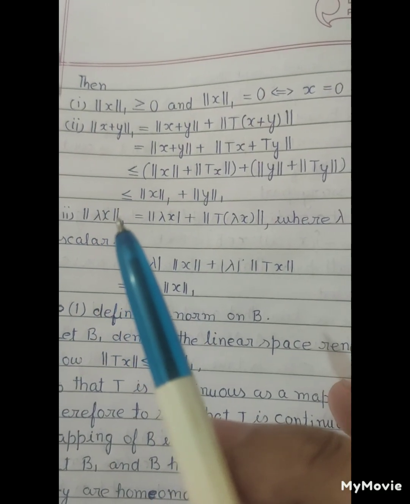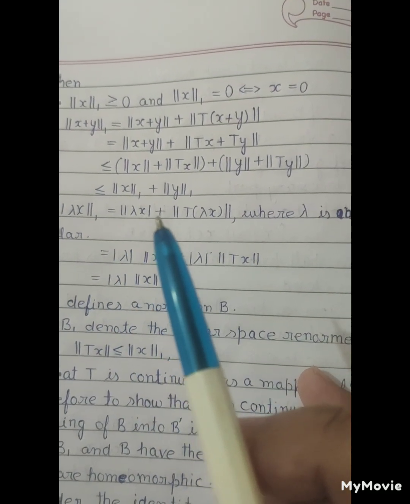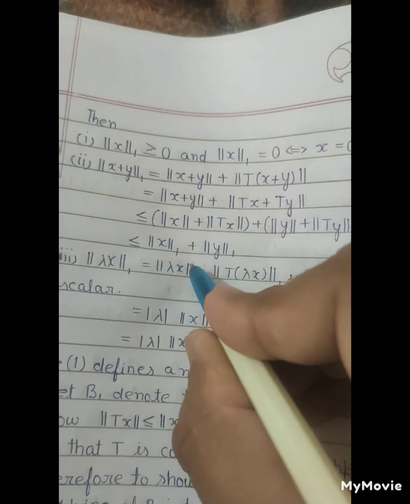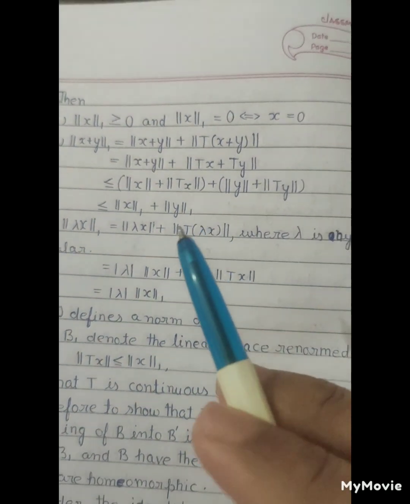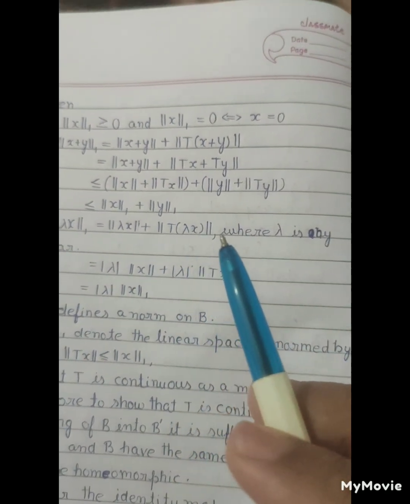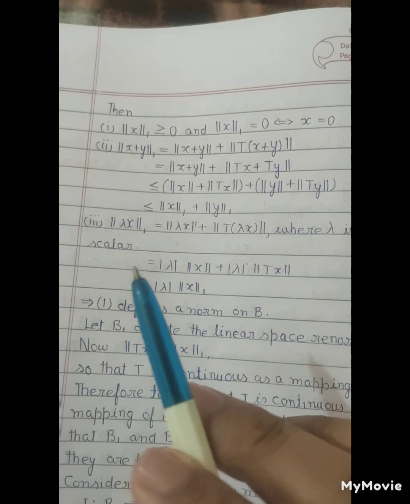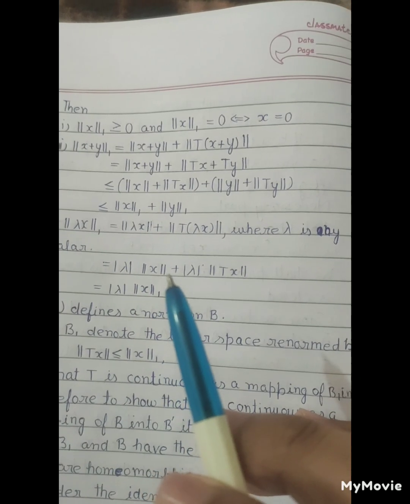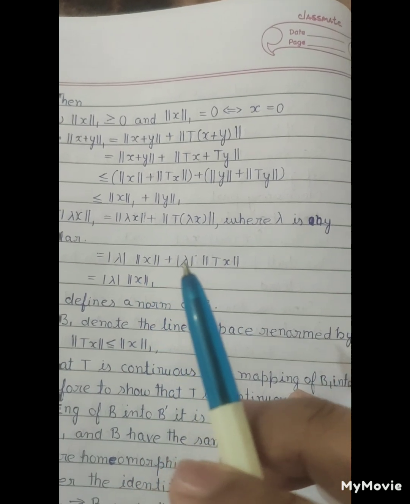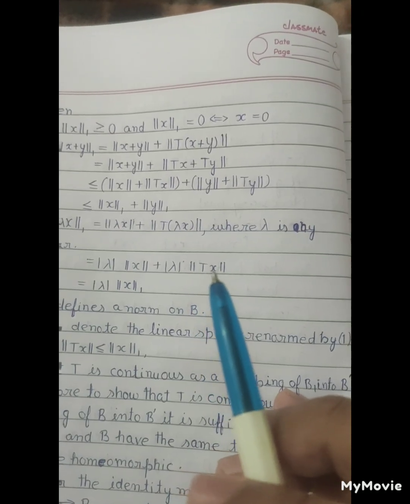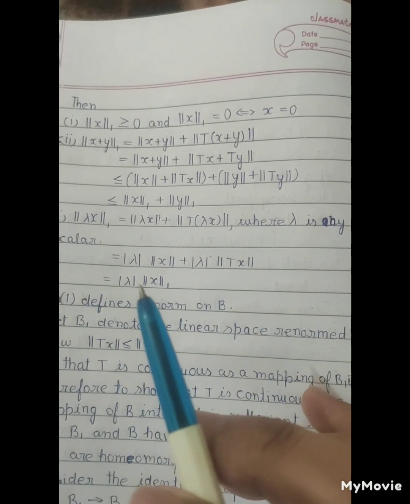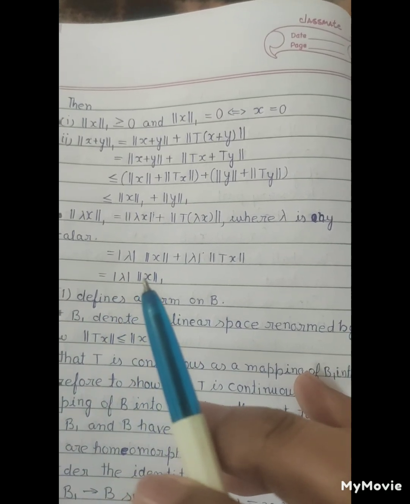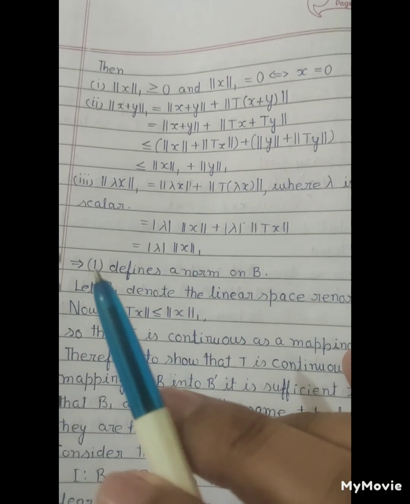Third, the norm of (lambda x)1 equals norm of lambda x plus norm of T lambda x, where lambda is any scalar, so it equals modulus lambda into norm of x plus modulus lambda into norm of Tx, which equals modulus of lambda into norm of x1.